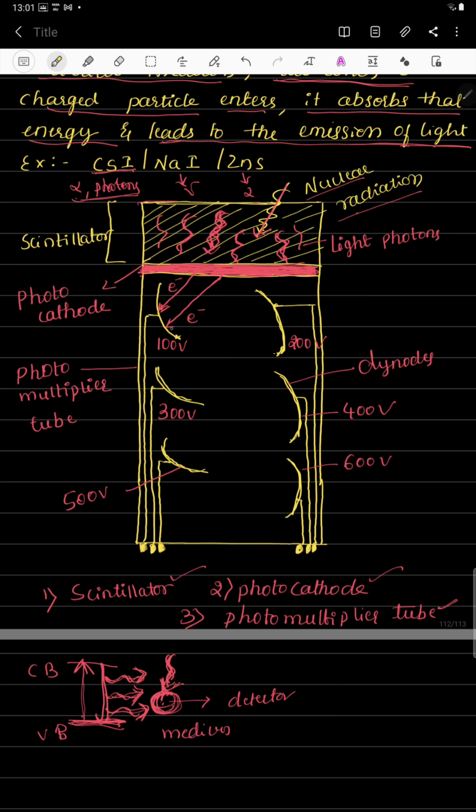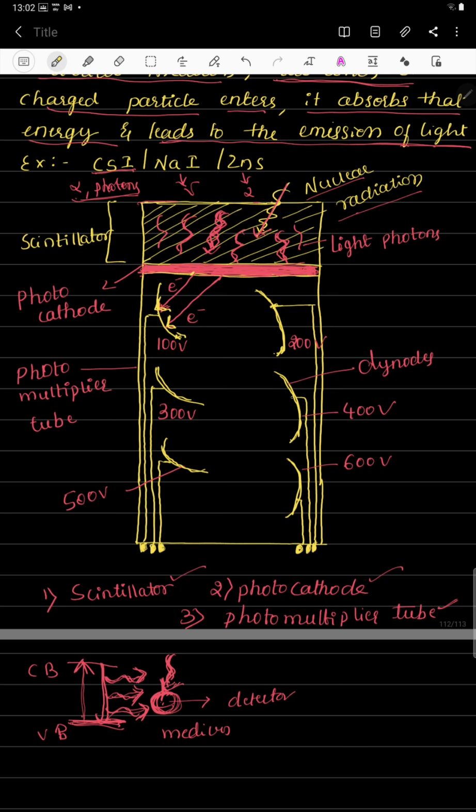Their surface is made curved so that the electrons fall exactly on the next electrode. The electrons emitted from the photocathode are attracted towards the first electrode, which is called a dynode.